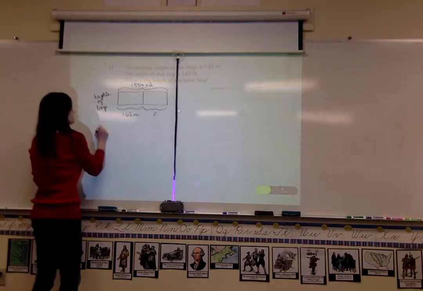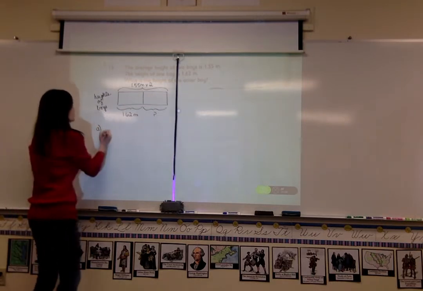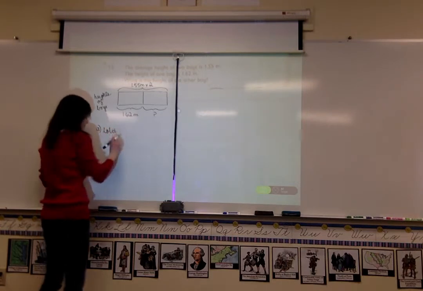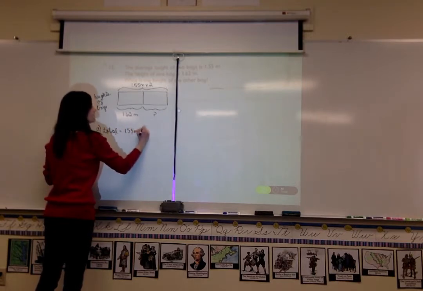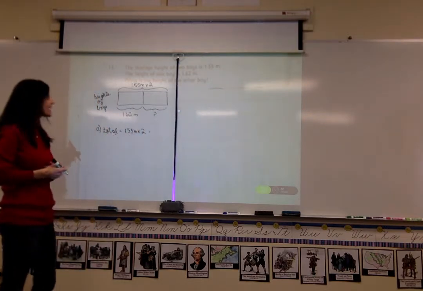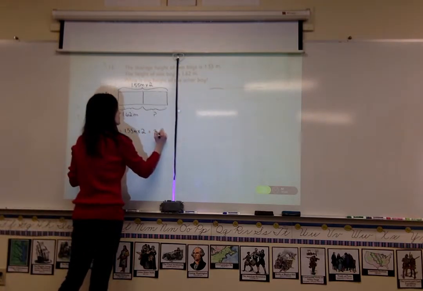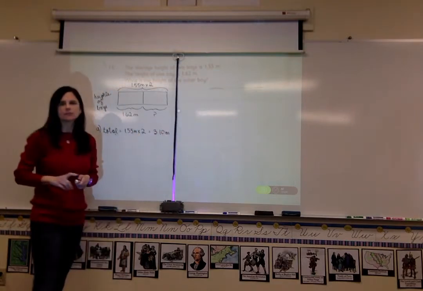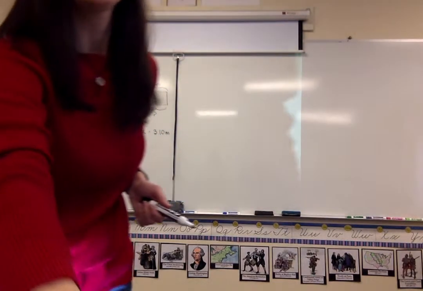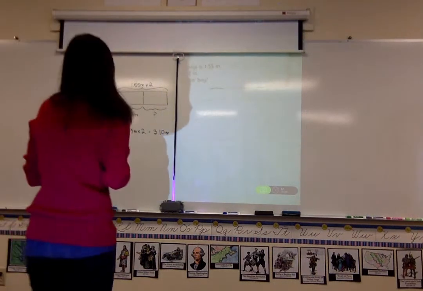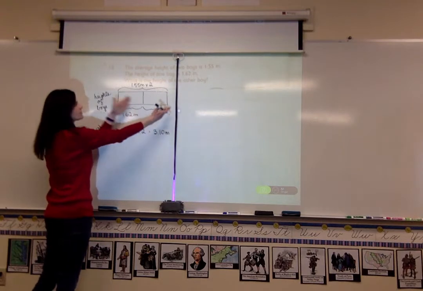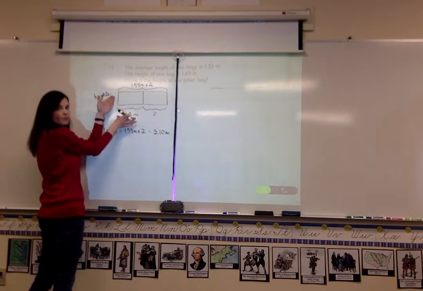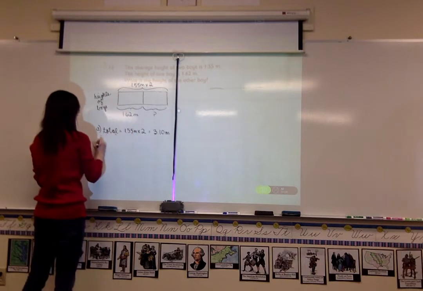So the first step is to calculate the total. So the total height then is going to be equal to 1.55 meters times 2. And when you make that calculation, you would determine that 3.10 meters is the total height of the boys. All right, so that's the total. And now to find the unknown, I'm just going to take that total and subtract the height of the first boy to find out the height of the second boy. It's that simple.